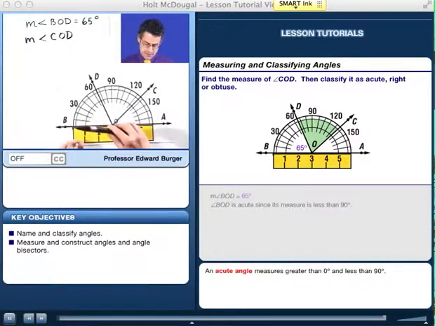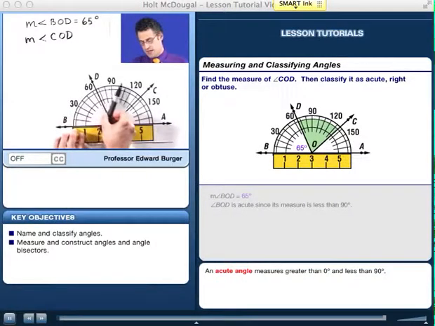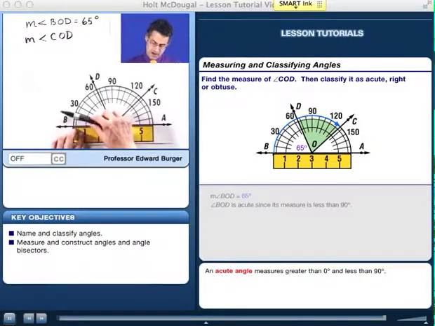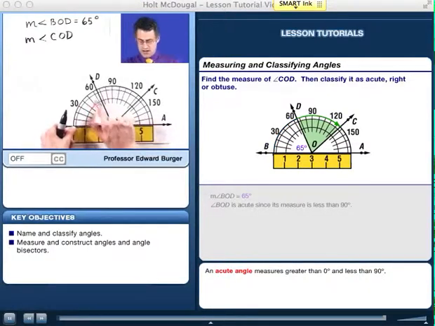Well, what I'm going to do is start here where all the angles begin to be measured, and sweep out and find the measure of this entire angle. And then I'll subtract off this little piece right here. Notice that this entire angle is equal to this measure plus that measure.